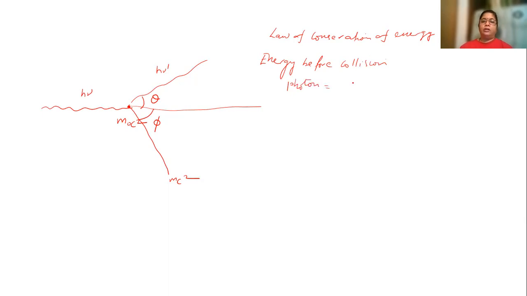The energy of the photon is h nu, as you can see, and the energy of the electron before collision we saw here is m0 c square. Now let us take energy after collision. After collision, the energy of the photon, as you can see from here, is h nu dash, and the energy of the electron is m c square.